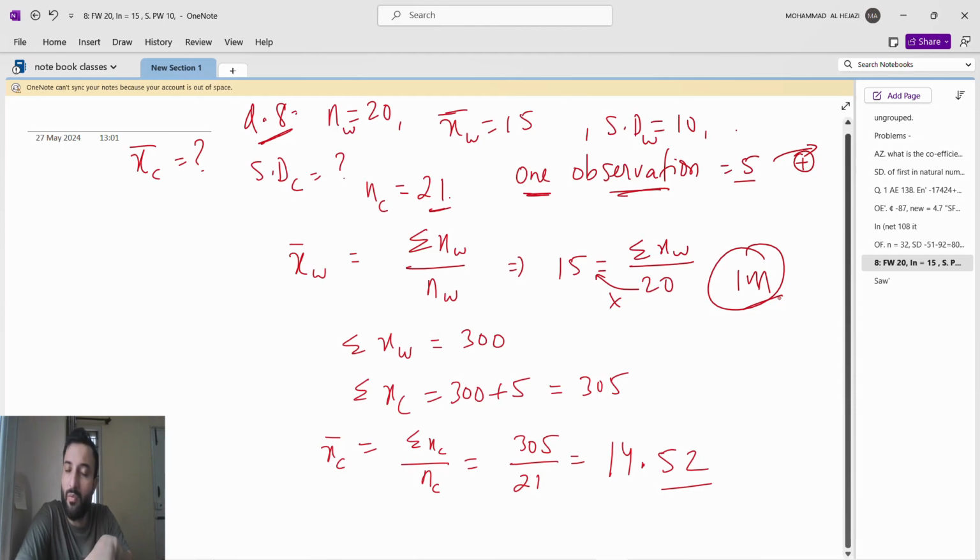In one case we saw that one value is wrong, so we remove the wrong value and add the correct value. In the second case, they have just missed out one value, so from the wrong we add that one value; we are not removing anything, because they just missed it out.